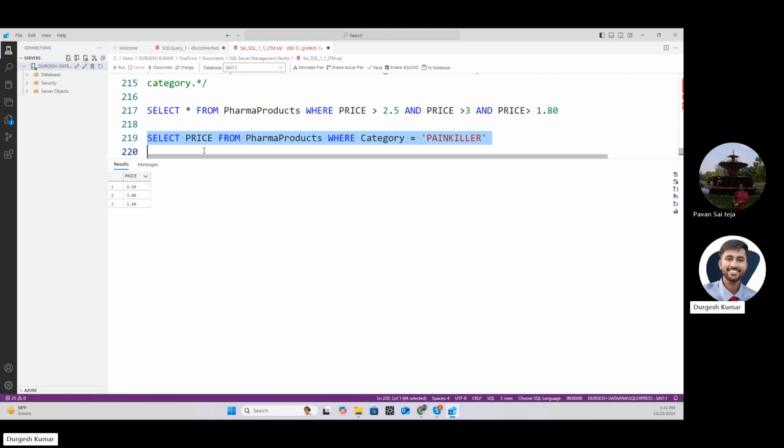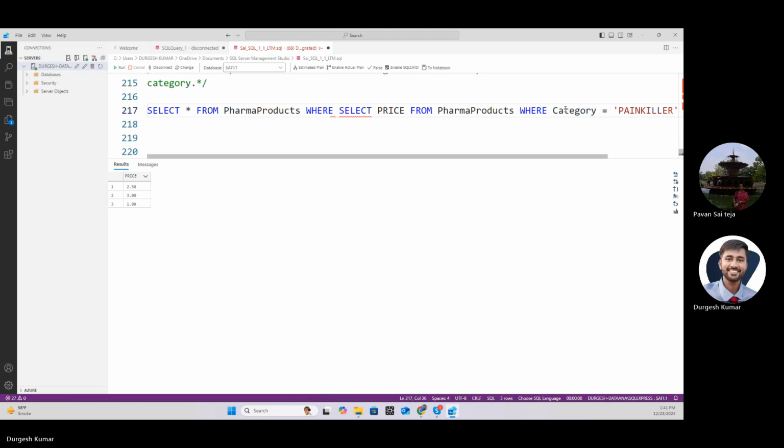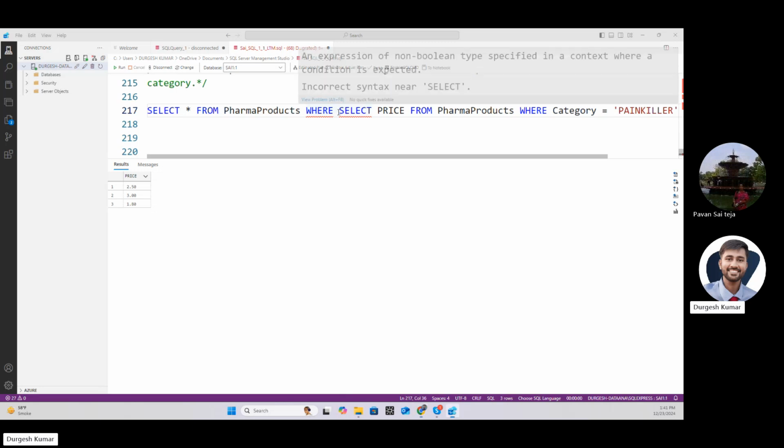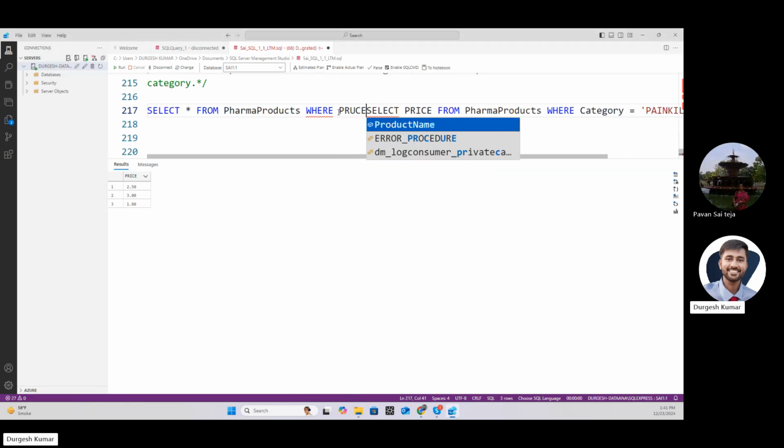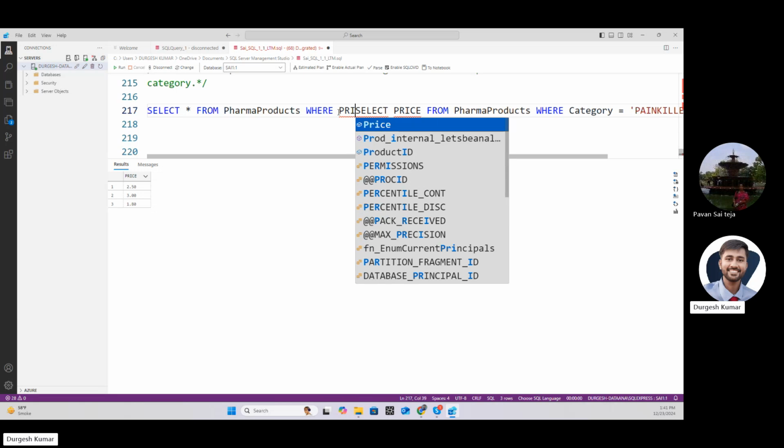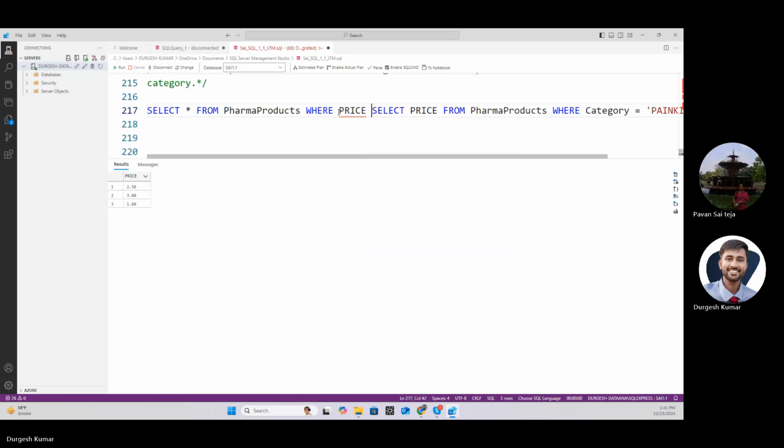Now this is dynamic. What I will do instead of this thing, I can use this query, right? But the problem is, how will I compare? So what I will do here is I will write where price. There are multiple options. You can write price, and let's keep this in a bracket.